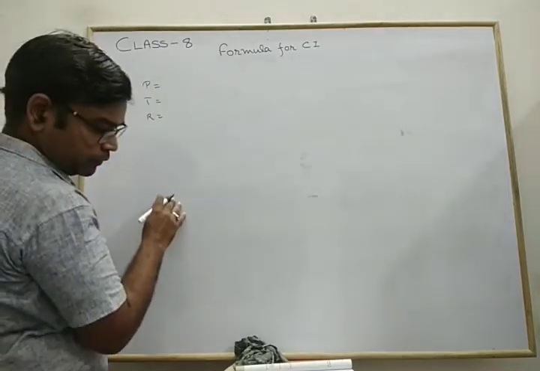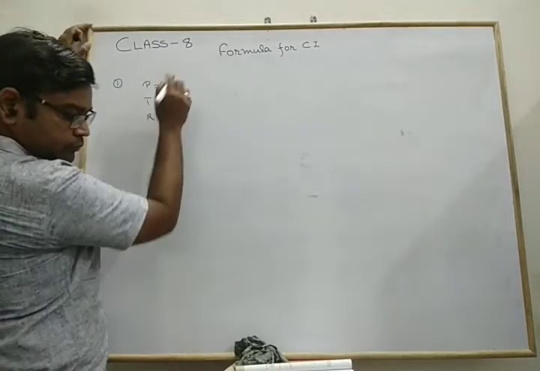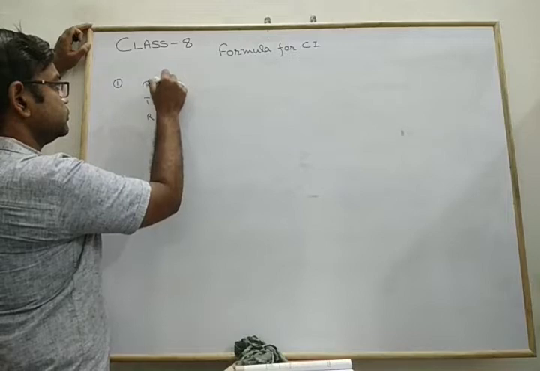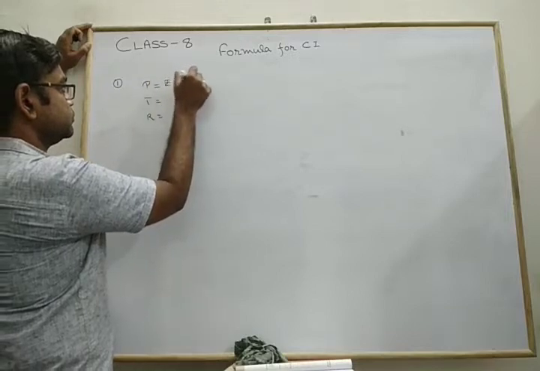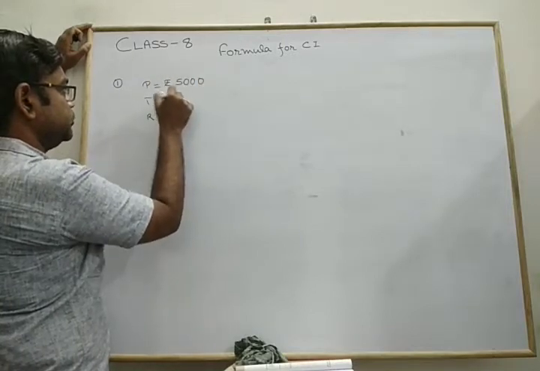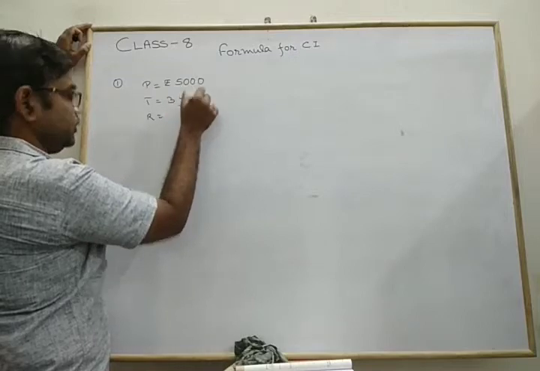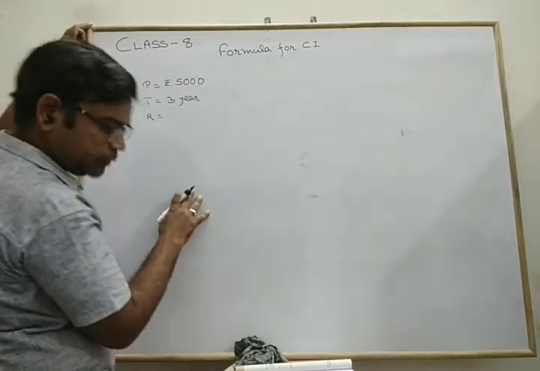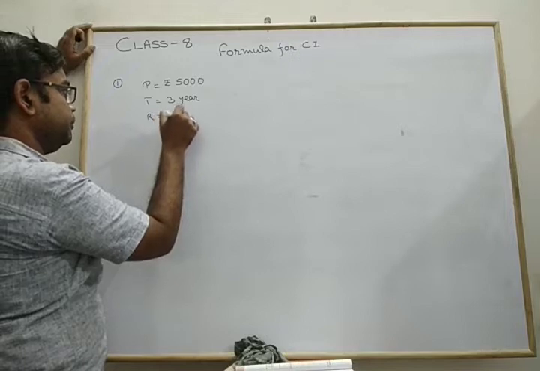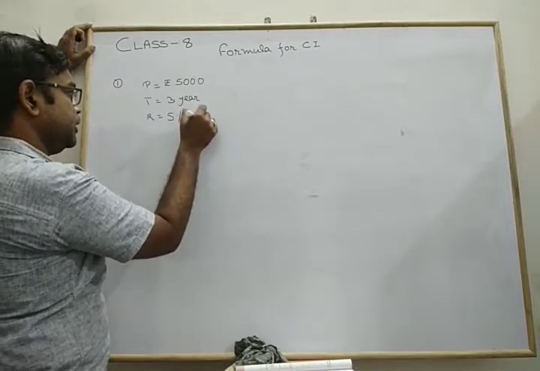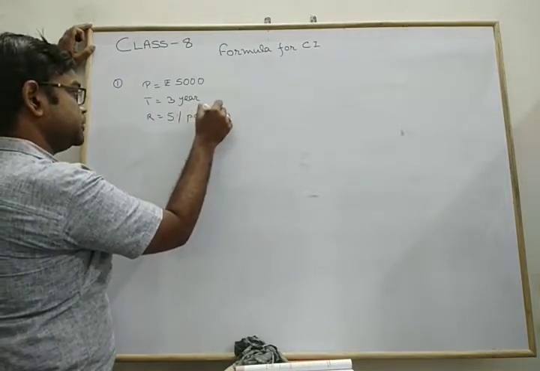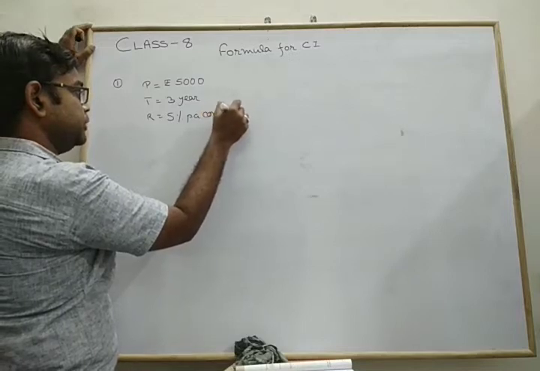Principal is rupees 5,000. Time is 3 years. Rate of interest is 5% per annum, compounded annually. This is the key word: compounded annually.